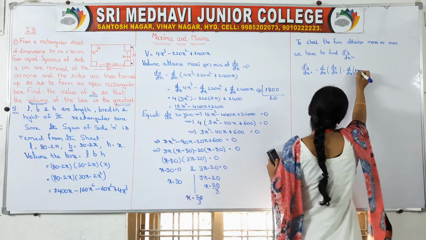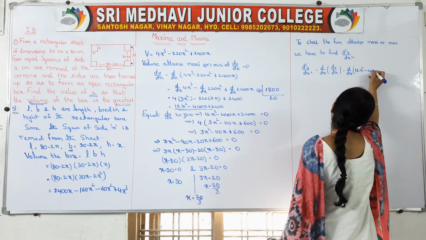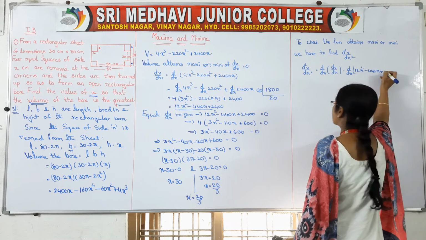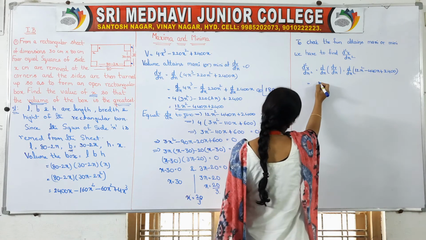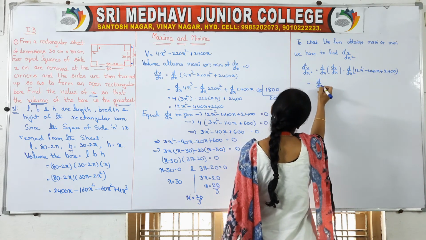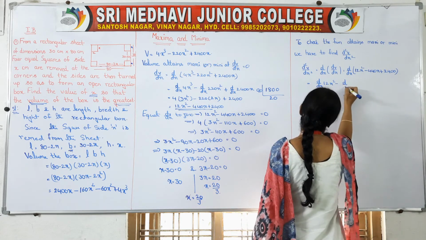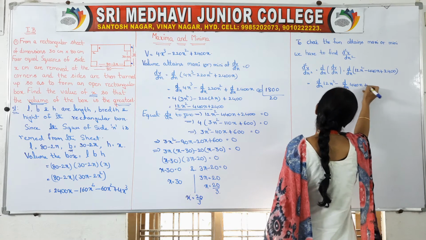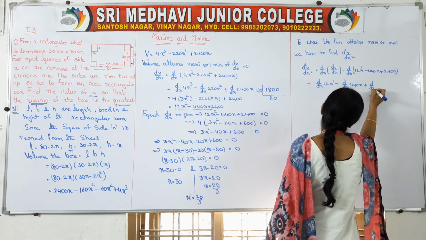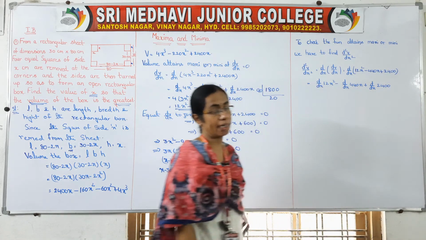So it is 12x square minus 440x plus 2400. Take separate derivatives: d by dx of 12x square minus d by dx of 440x plus d by dx of 2400.